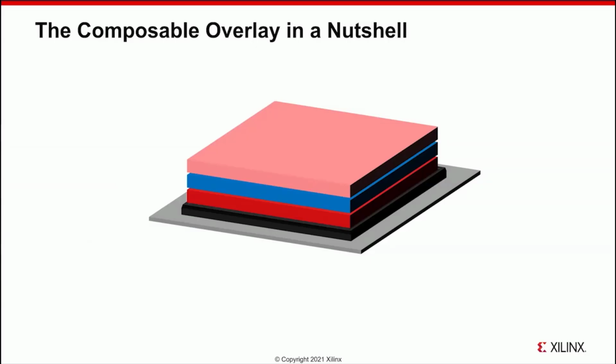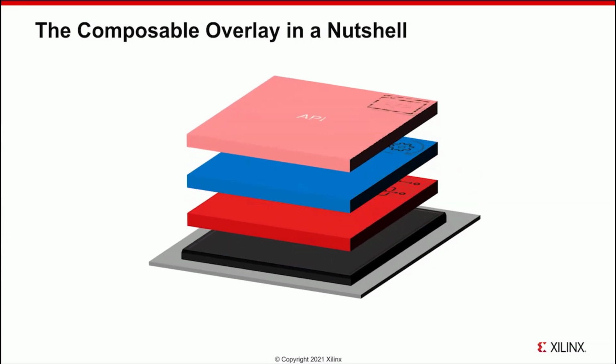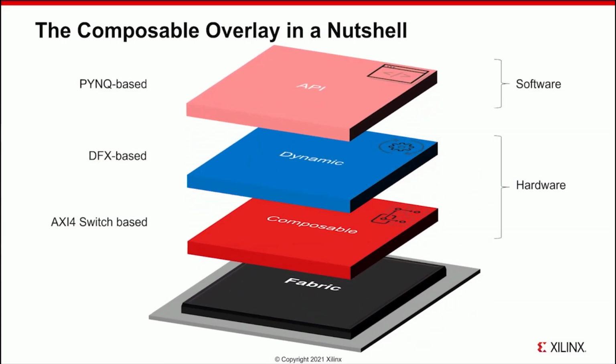Now, let me give you an overview of the composable overlay. In a nutshell, the composable overlay is a stack of three layers that build on top of each other to make it much easier to compose new overlays at runtime. The composable layer is based on an AXI4-Stream Switch and is where we define how data flows between different functions. The dynamic layer is based upon dynamic function exchange and enables us to swap functionality on the fly.